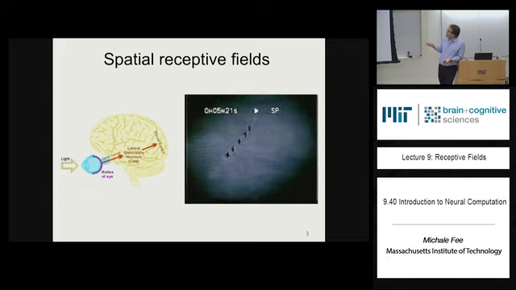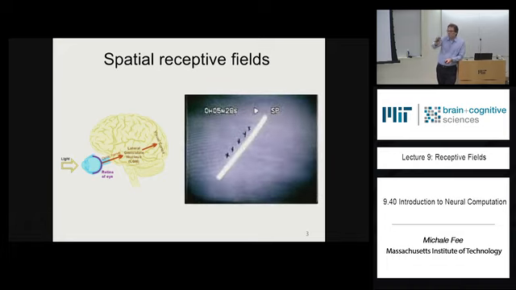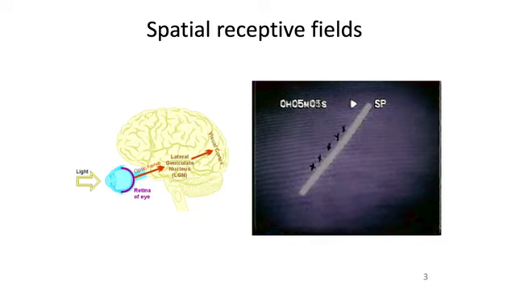Then they were actually recording from neurons in visual cortex. They couldn't really figure out what the neurons were doing, and they pulled the slide out of the projector, which made an edge of light moving across the visual field. And the neuron they were recording from at that moment responded robustly when they pulled the slide out, and they realized, oh, maybe it's an edge that the neuron is responding to. And so then they started doing experiments with bars of light.